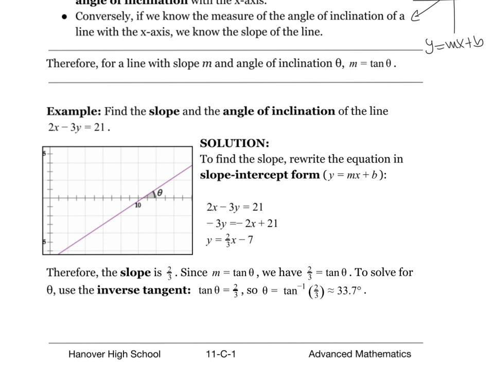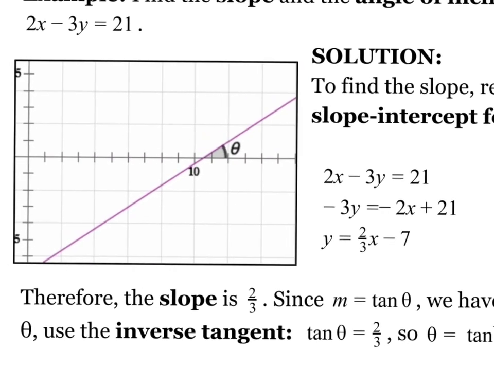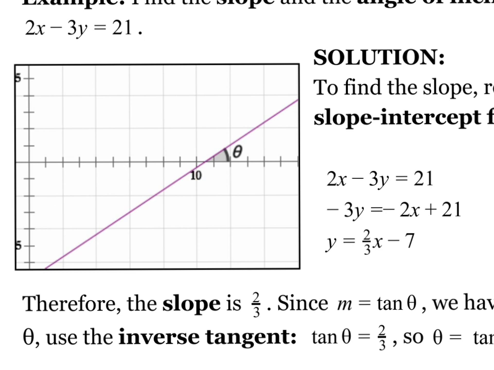Now, the angle of inclination is always measured as a positive angle from the line to the x-axis in a clockwise direction.